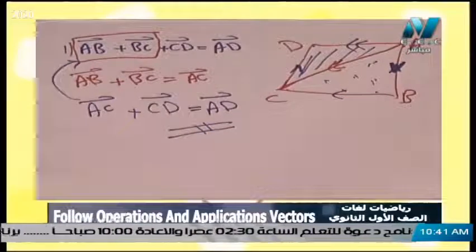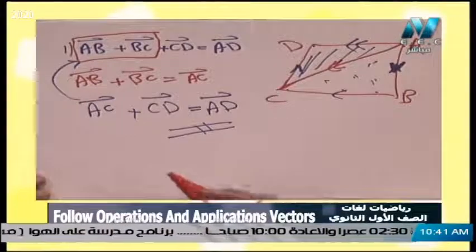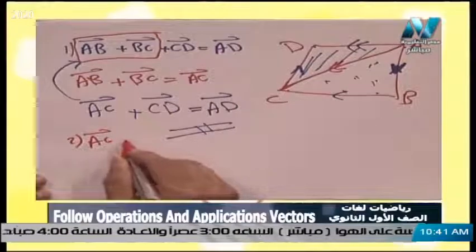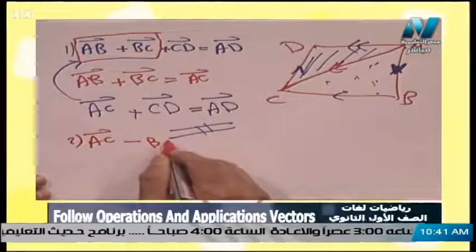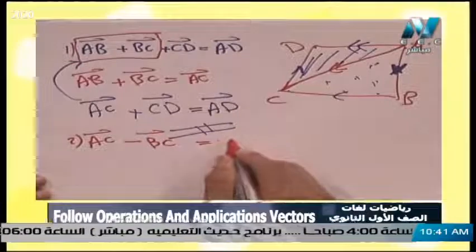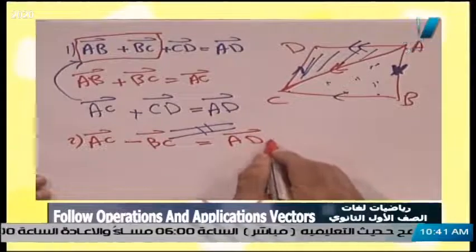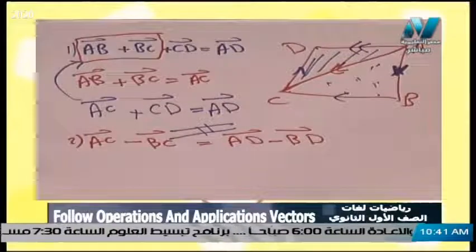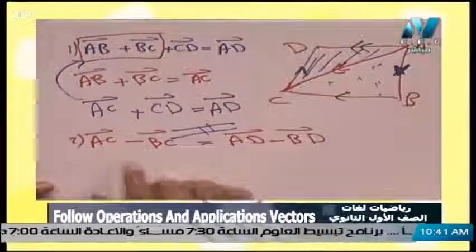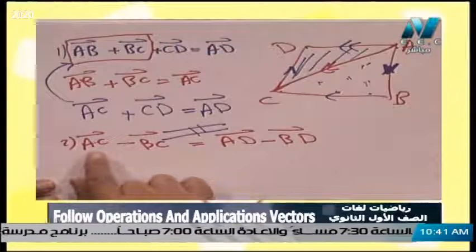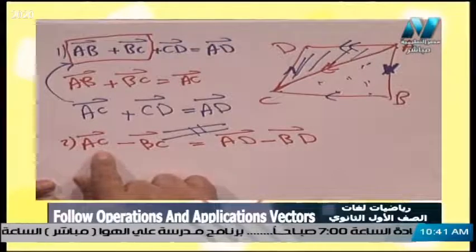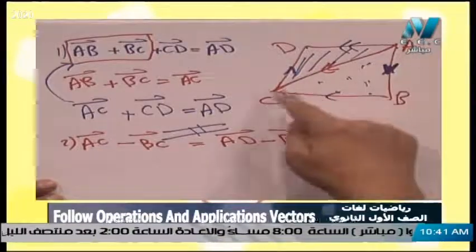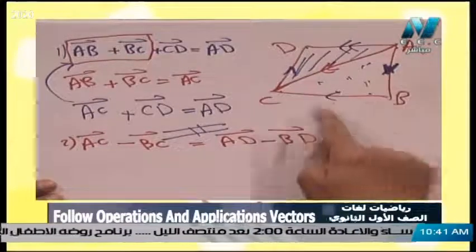We have another question here. It says to prove that the vector AC minus the vector BC equals the vector AD minus the vector BD. We know that in AC minus BC, we can substitute AC by two vectors: AC equals AB plus BC.